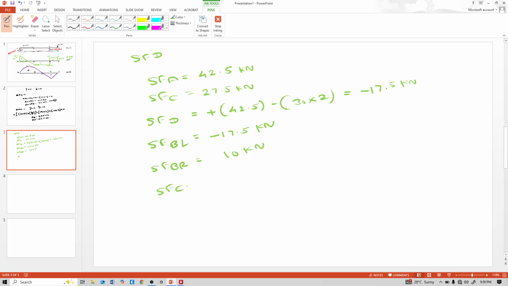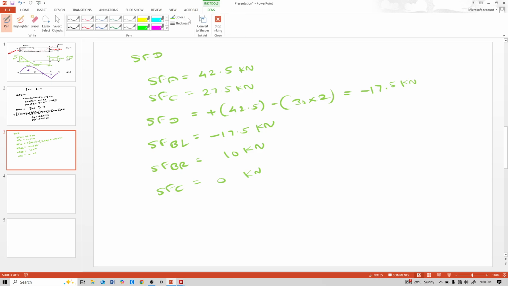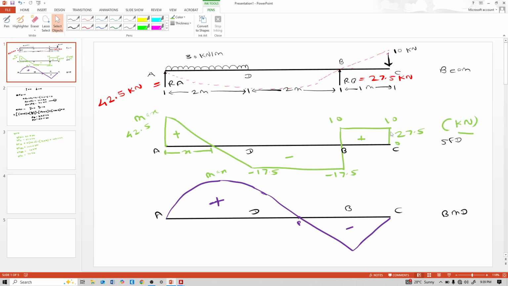And shear force at C is equal to 0 kilonewton, see, because here it is 10 kilonewton.